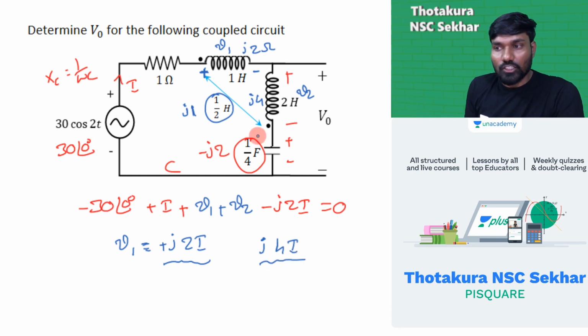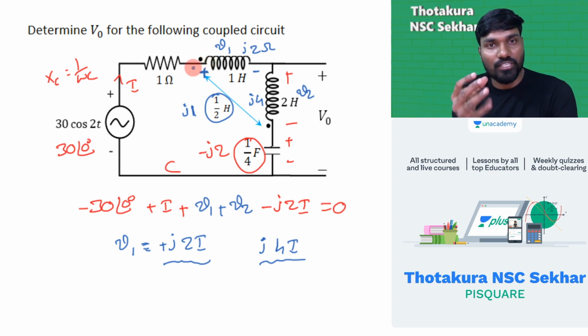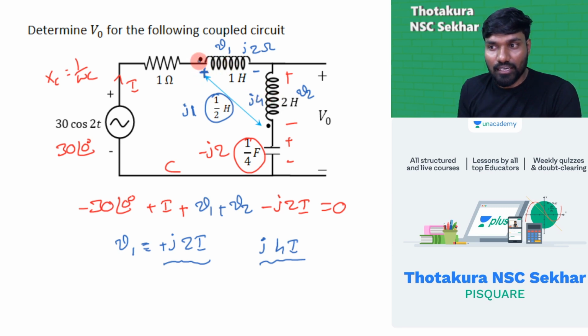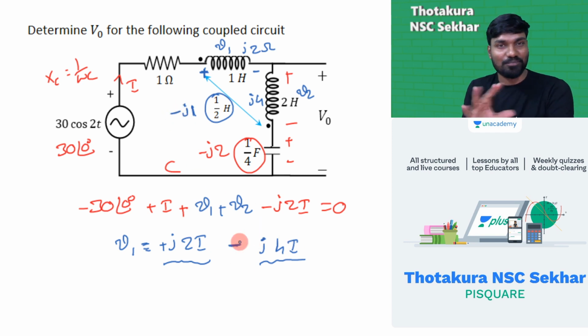So now the polarity, which polarity should I choose? Additive polarity or subtractive polarity? Means is it a positive coupling or a negative coupling? Look at this. Current entering at dot, current leaving at dot. So it's a negative coupling. In part 1 I said it's a negative coupling. Directly put minus here, that makes things very simple.